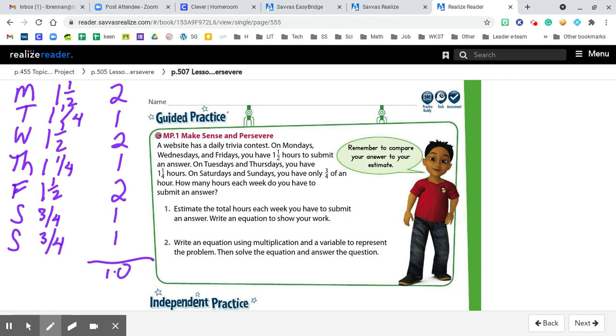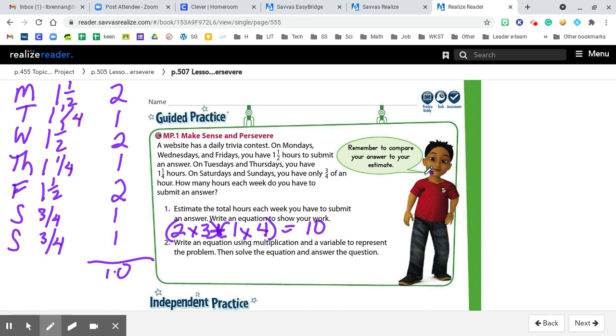So my equation could be: I could do 2 times 3 days a week plus 1 times 4 days a week equals 10.